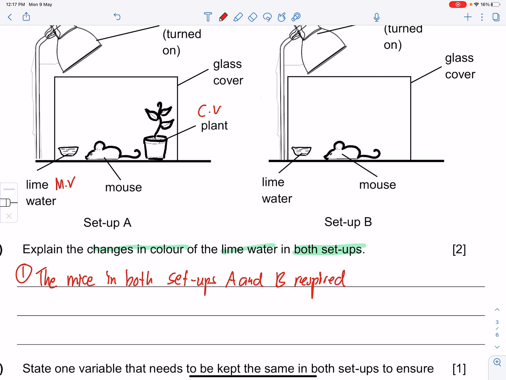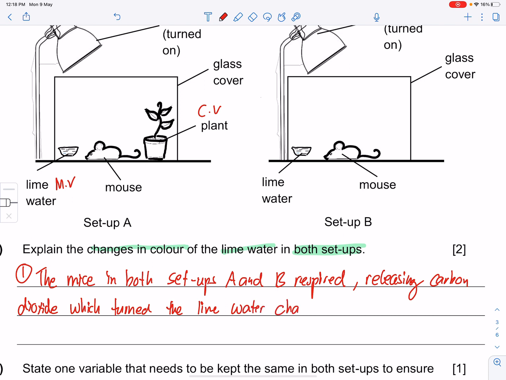If you cannot spell respired, releasing carbon dioxide, which turns the lime water chalky. So this explains why both of them turned chalky.